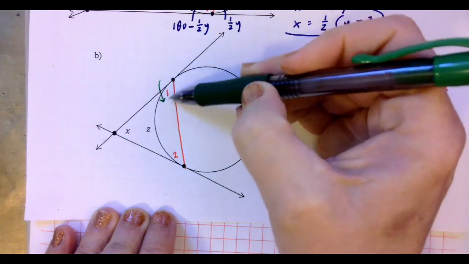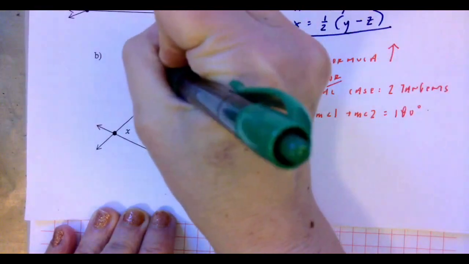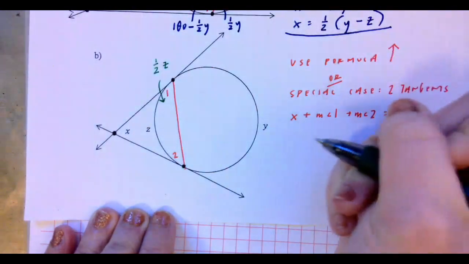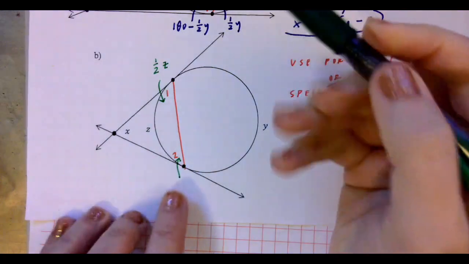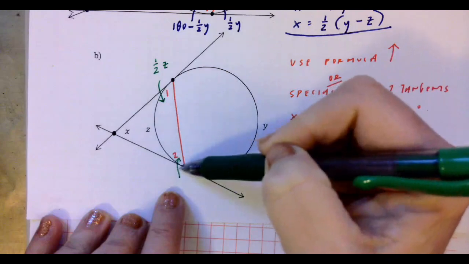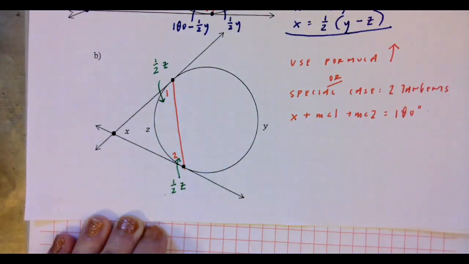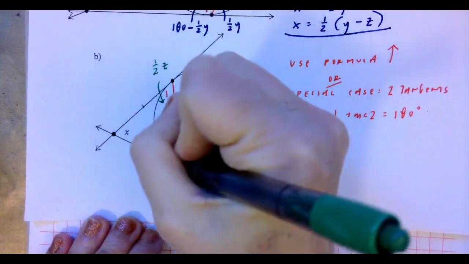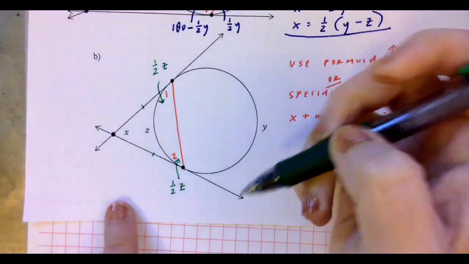It's going to have a measure that's half of its intercepted arc, which is z. So half of z. And over here for angle 2, I'm going to see the same thing, half of its intercepted arc, also z. So half of z. Okay, and right there I can see, oh yeah, that makes sense because this is really an isosceles triangle because these two tangent segments are congruent. These two base angles, they have to be congruent too.